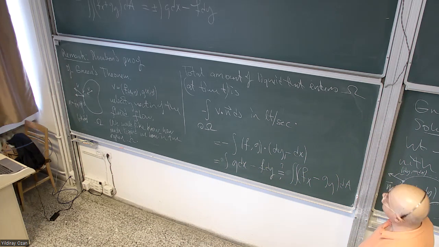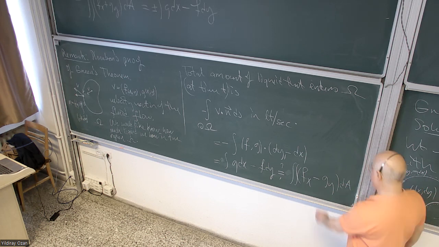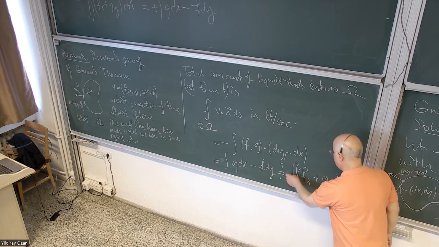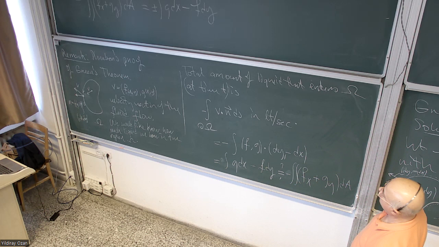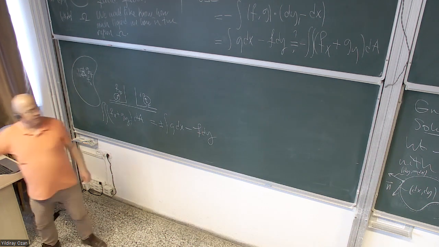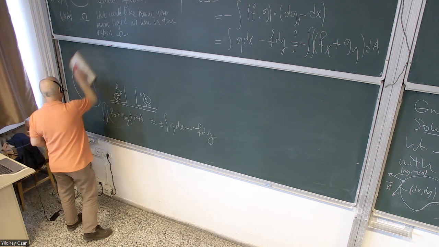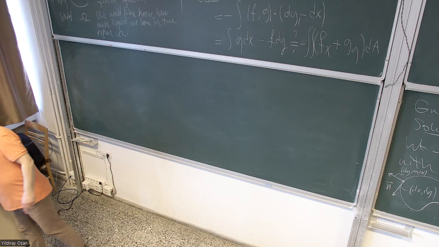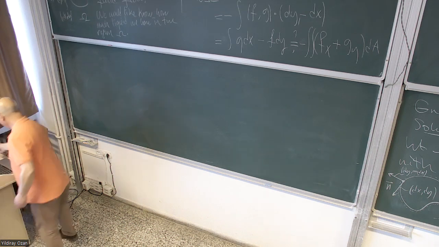Ha işareti değiştirdiğimiz için şurası artı oluyor. Neyse yani artı eksi çok önemli değil. Hani içerisi neresi, dışarısı neresi anlamına geliyor artı eksi. Neyse bu bir side remark about Green's theorem.